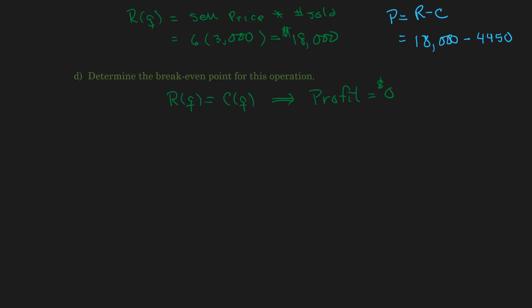Well, to compute the break-even point, you take your revenue equation, which is up here, actually. The revenue is going to be 6 times the number of units. And we're going to set this equal to our cost function, which is the 2500 plus the 0.65Q.